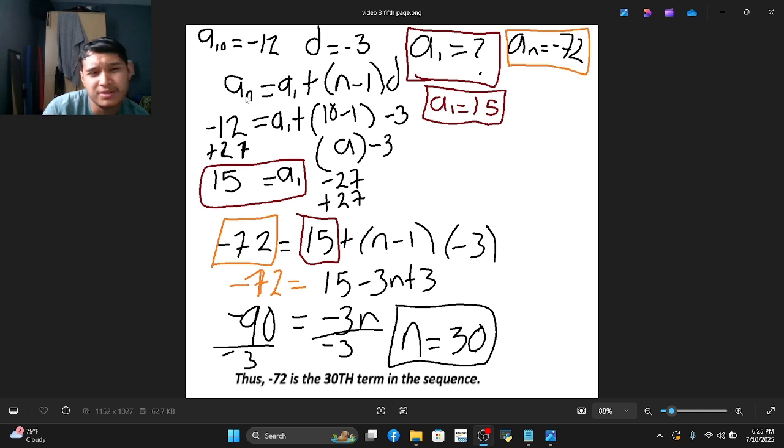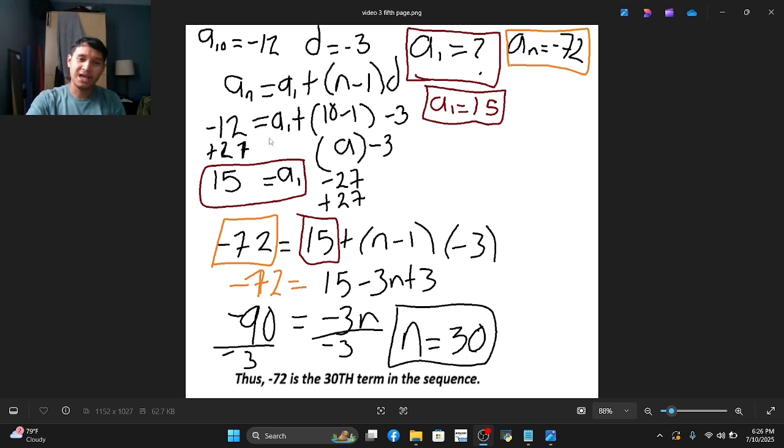We're going to use the 10th term. So we substitute the n by the 10. We subtract 1, it will be 9. We know that d is minus 3, so we just multiply. And the a sub 10, we already know what that term is, negative 12.